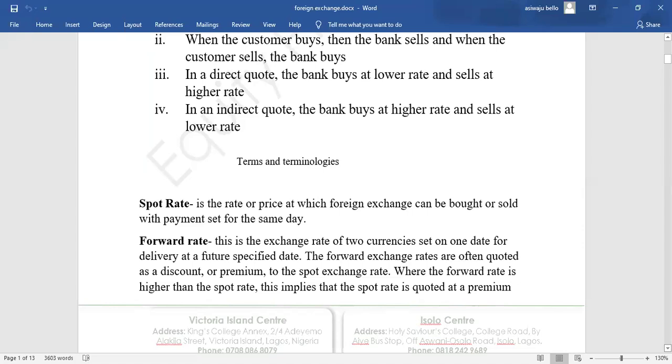Terms and terminology with foreign currency. One is the spot rate, the spot exchange rate. This is the rate or the price of foreign currency for immediate transaction.